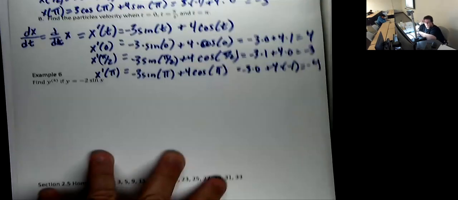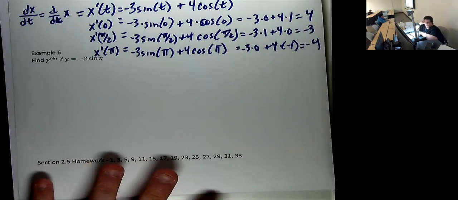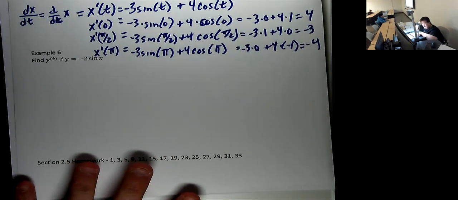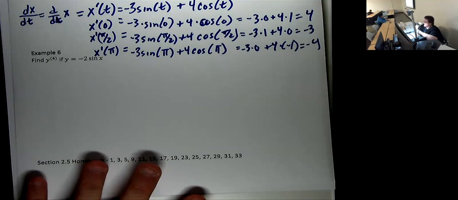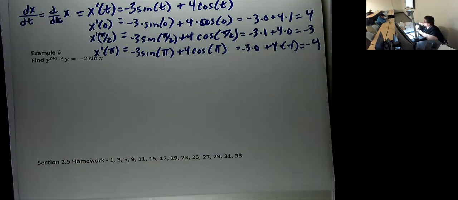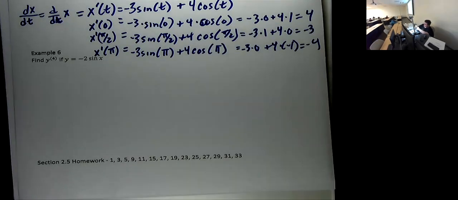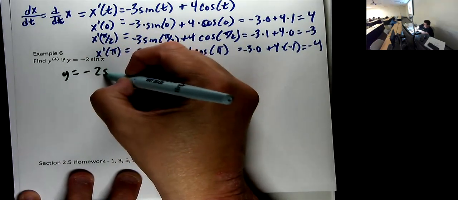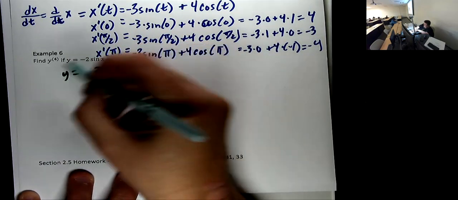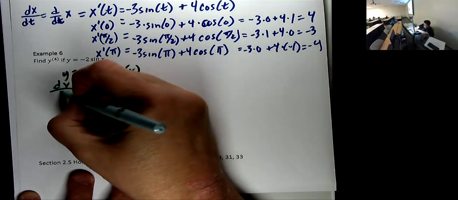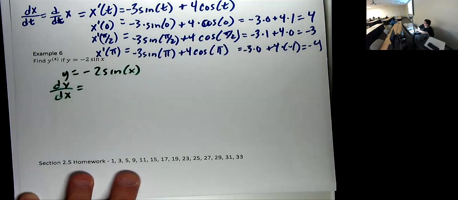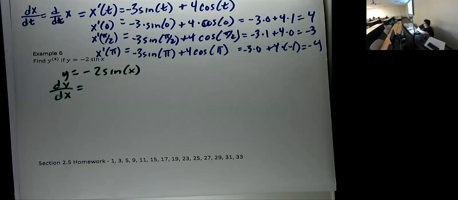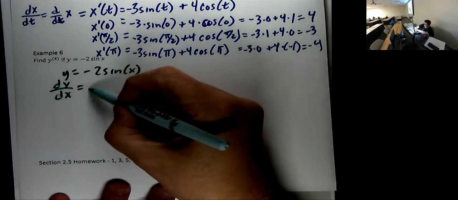All right, now they want us to find y with a 4 like that if y equals -2 sine x, which means they want us to find the 4th derivative. So we are going to start with y equals -2 sine x. What is dy dx? -2 cosine x.